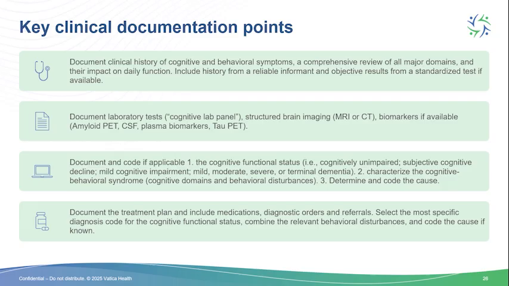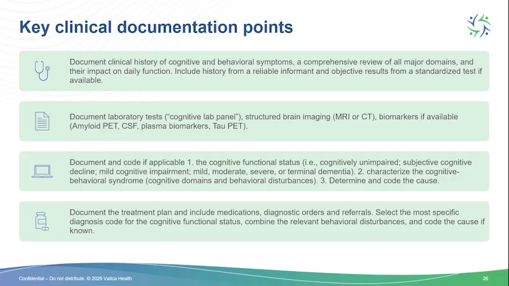So to summarize, here are a few main points to keep in mind for documentation. For any middle-aged or older patient who self-reports or someone who knows them well reports concern about cognitive or functional decline, document a clinical history and include information from a reliable informant if one is available.